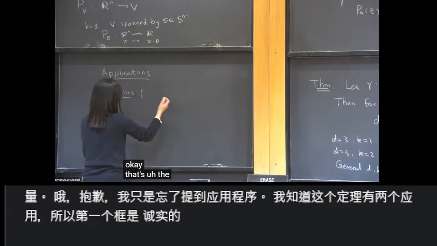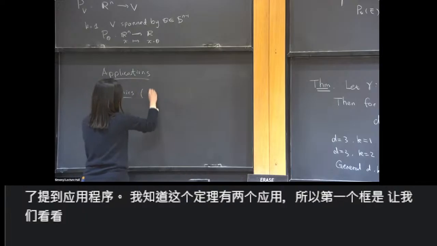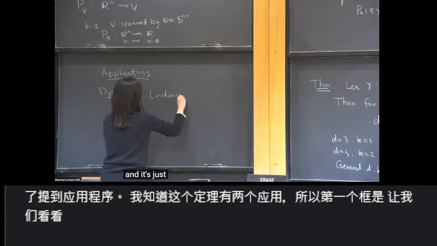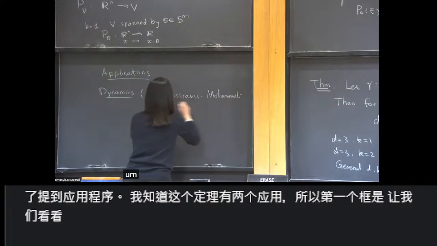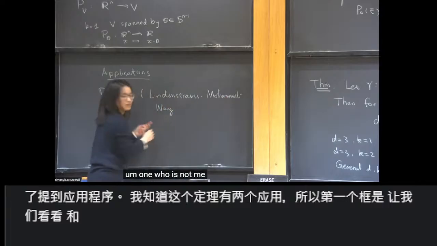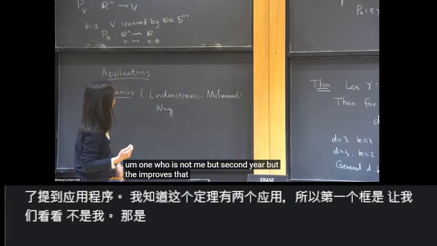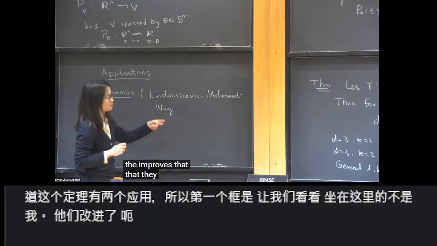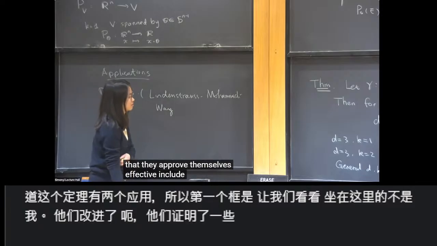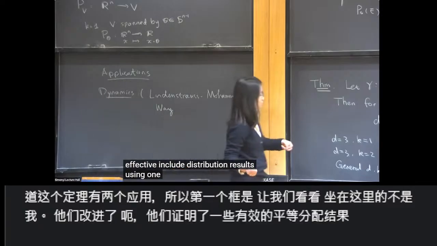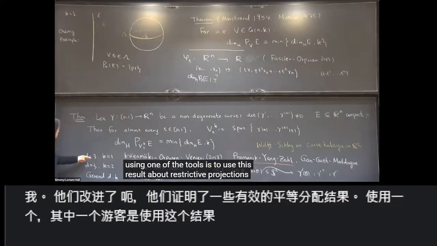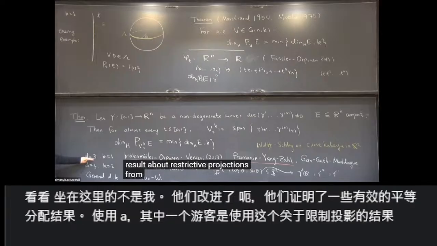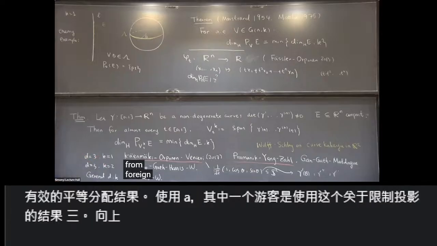That's the work of Strauss, Mohammadi, and Wang, who is not me but sitting here. They proved some effective equidistribution results, using one of the tools, this result about restricted projections from R3 to R.